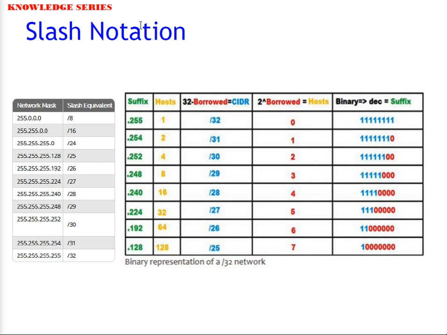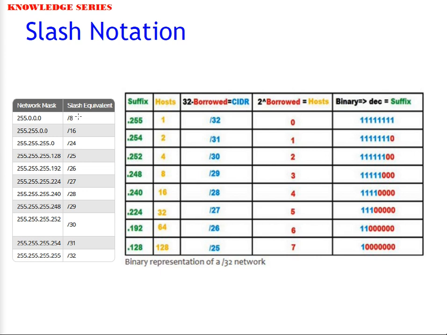So when you use a slash notation after writing the IP address and the subnet mask number, automatically this defines what your network size is, what subnet you are going to create.